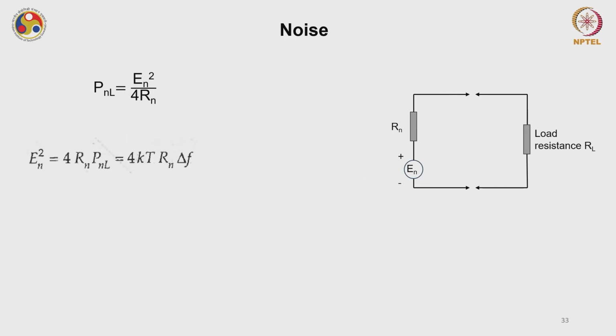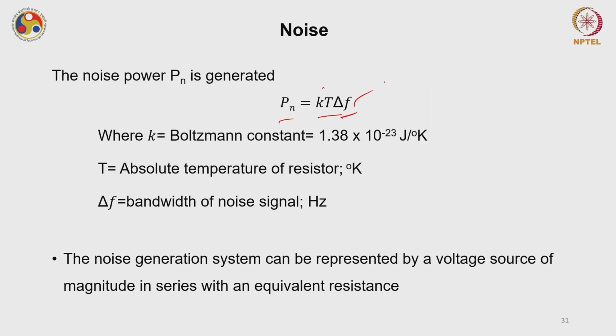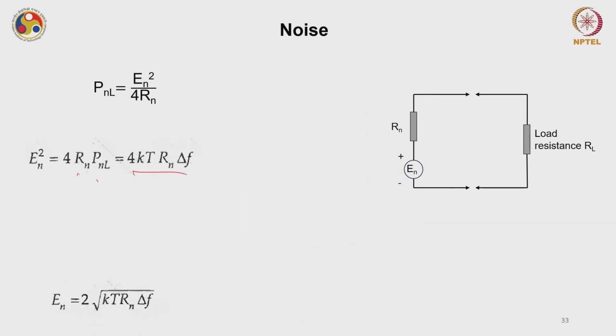This En squared can be written as 4kT delta F, because Pn we have already seen is kT delta F. Or I can simply write En as 2 under root kT delta F. So this is Johnson's noise.